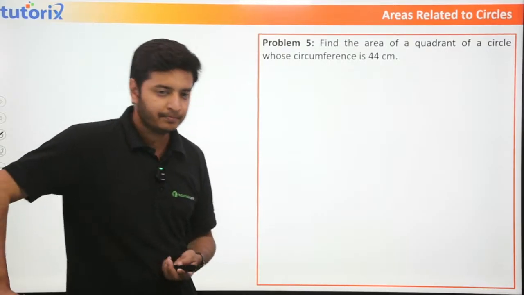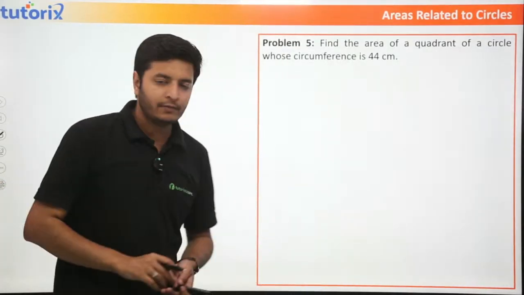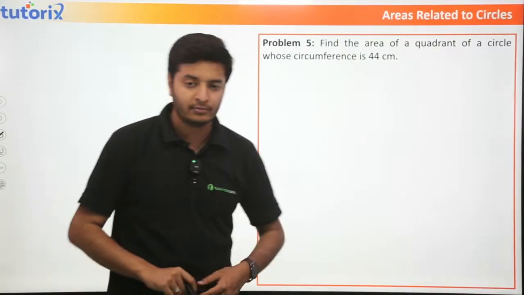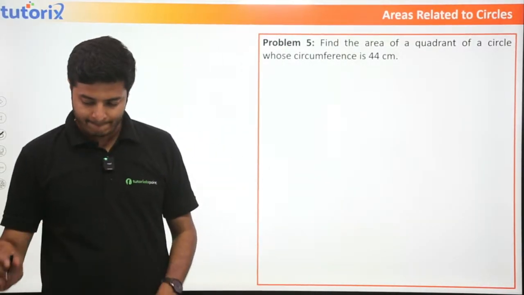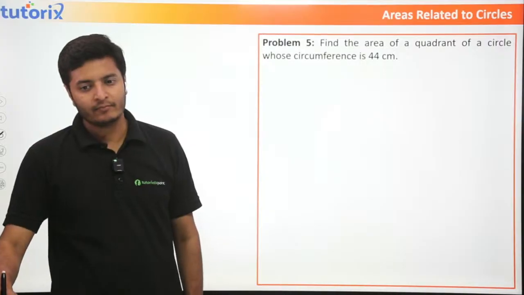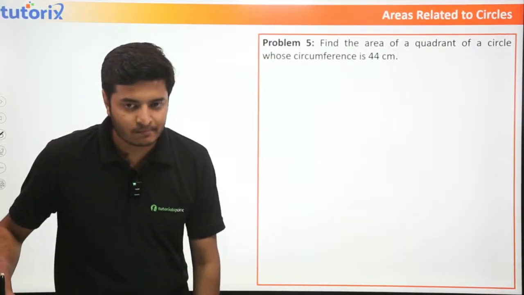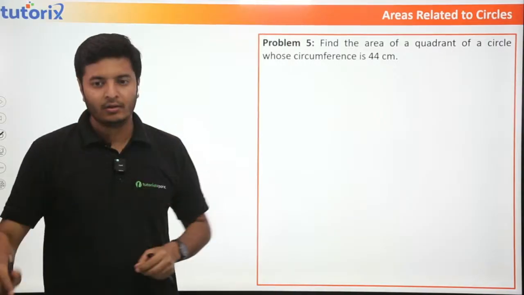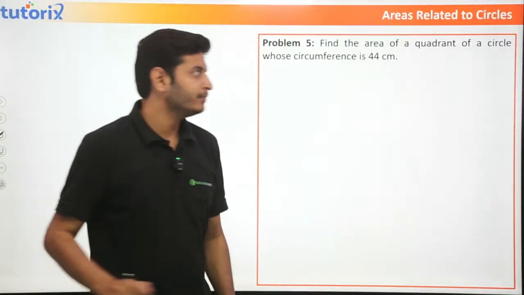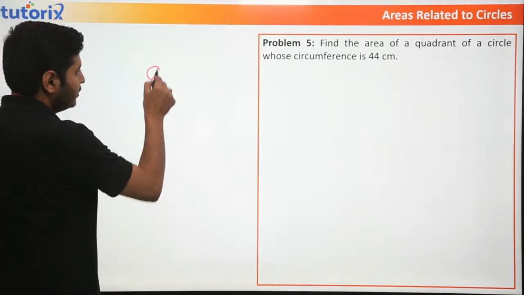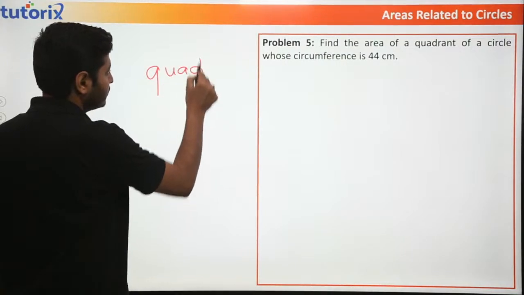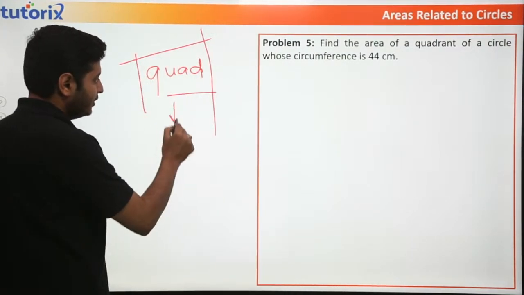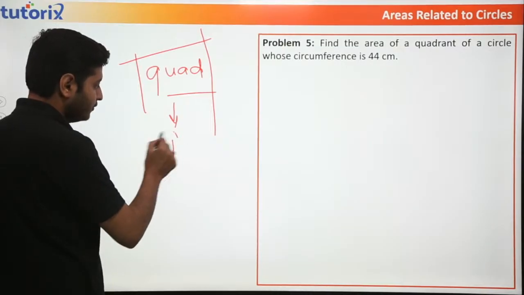Last problem. Find the area of a quadrant of a circle whose circumference is 44 centimeter. In one of the sessions, I already told you, wherever this word is written, that thing has something to do with 4.